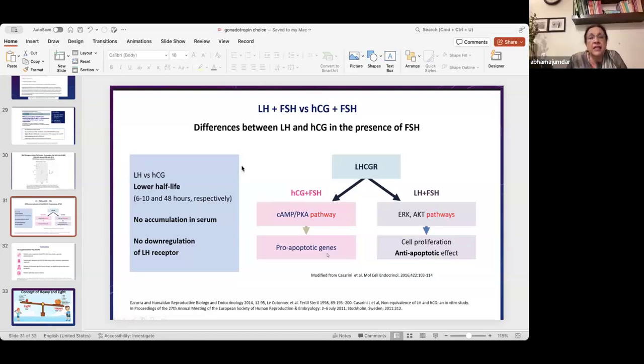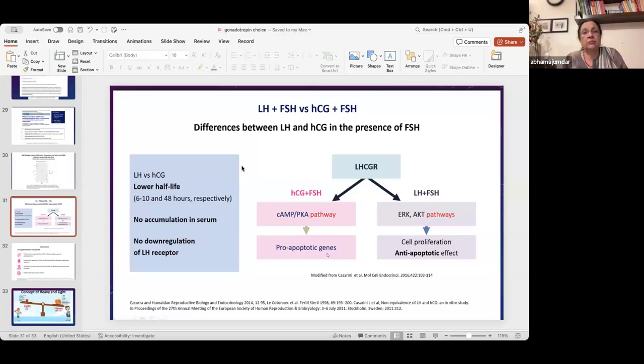You cannot really pinpoint in a case what happened, because when you give an agonist trigger, you are triggering the natural LH surge, and when you give Ovitrel plus agonist trigger, then you are ensuring that if by some reason the natural LH surge doesn't happen well, then at least HCG will cover that deficiency. This is the only advantage of giving both of them. And plus, the agonist trigger also leads to a little FSH surge, which is another advantage.